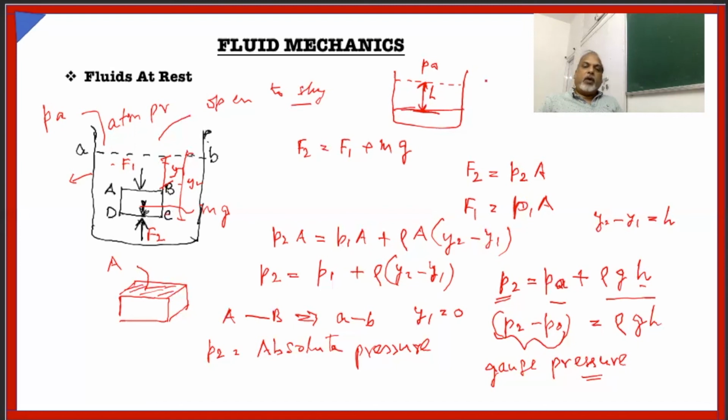And what about gauge pressure? Gauge pressure is the difference between the absolute pressure at a point and the atmospheric pressure. Correct? I hope this is clear to you. So the gauge pressure at any point is simply rho g h. You have to just measure the height and you can find out the pressure, provided you are given the density.